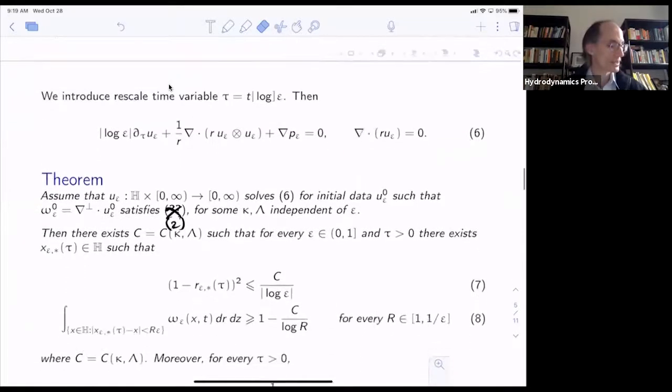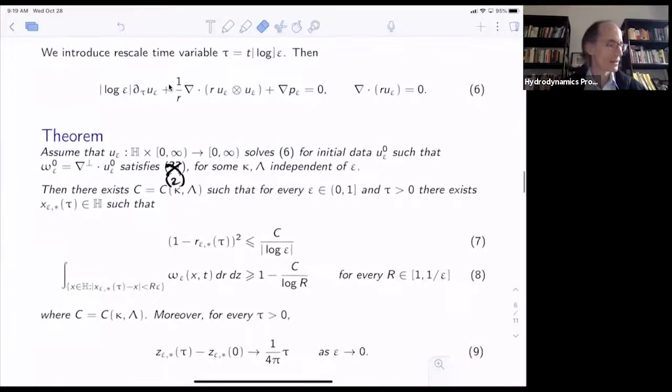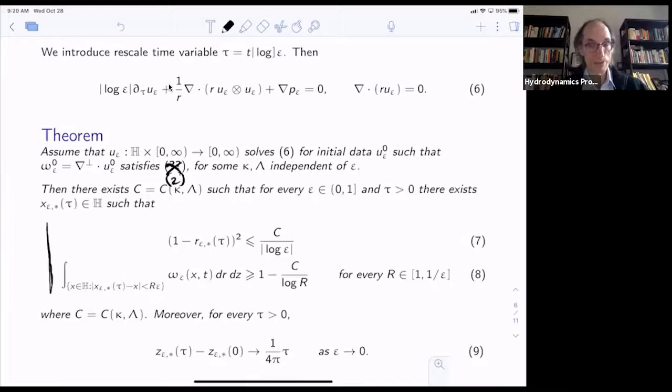So the first part of the conclusion just follows exactly from the conservation of all the conserved quantities, energy and so on, and the previous lemma. We made this hypothesis at time 0.